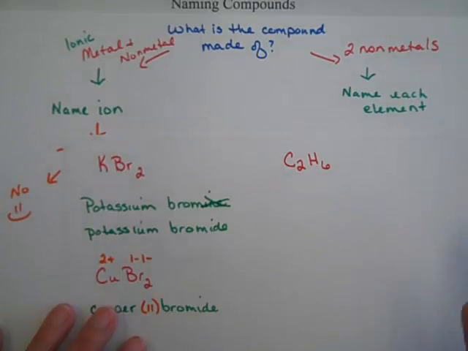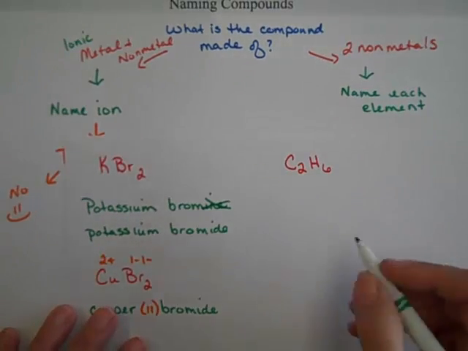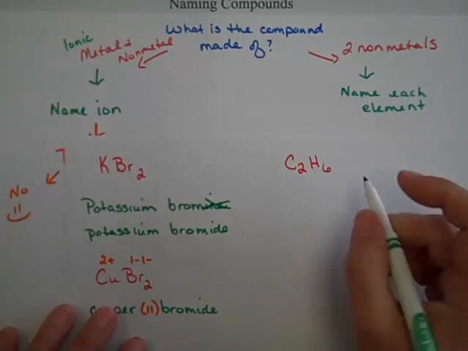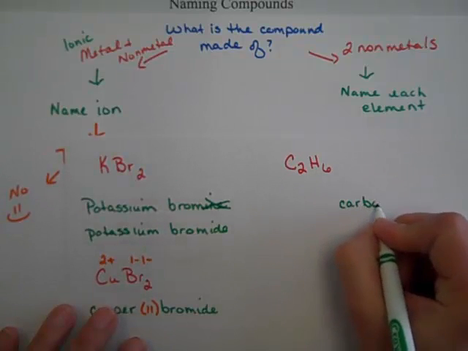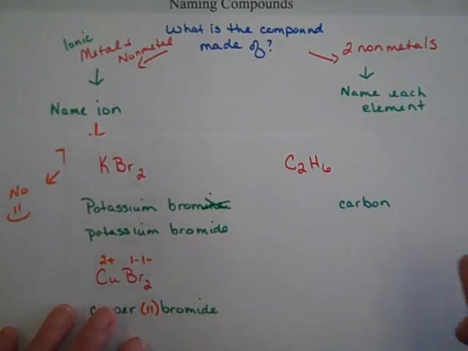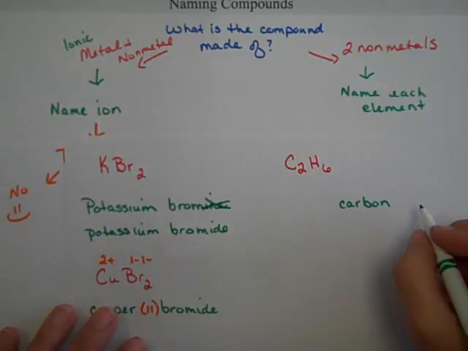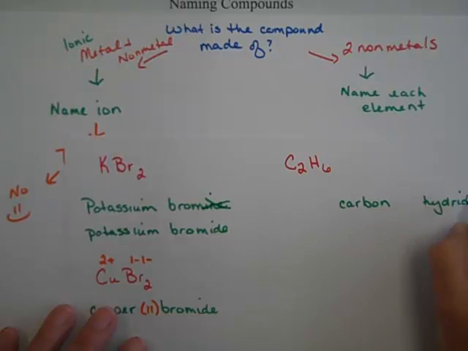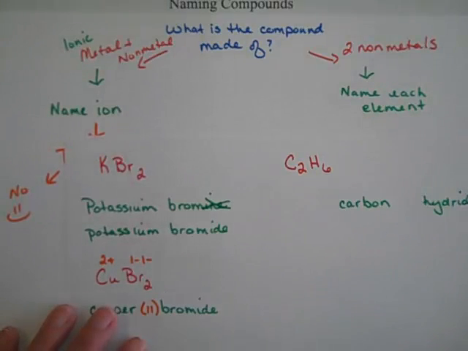Notice we don't call them ions because they're not gaining or losing electrons. So we have carbon and hydrogen. Same thing as we did over here, we're going to call it hydride. We'll change that ending to IDE.